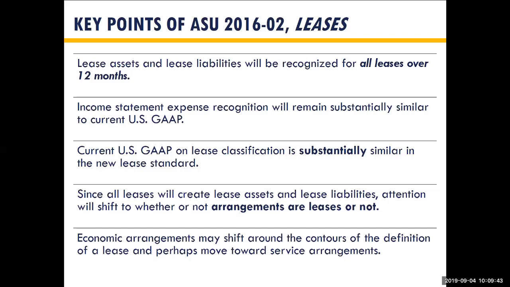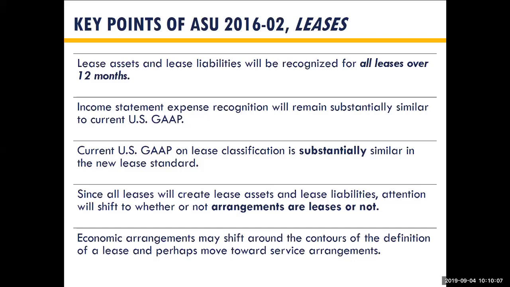The FASB does believe that the income statement impact will be very similar to the current guidance. And again, when we get into some journal entries and show the different accounting, while it does have a significant balance sheet impact, they believe it will have a relatively similar impact on your income statement.